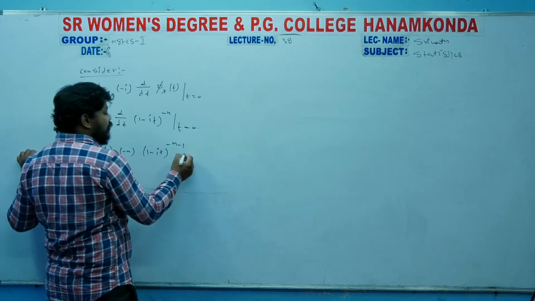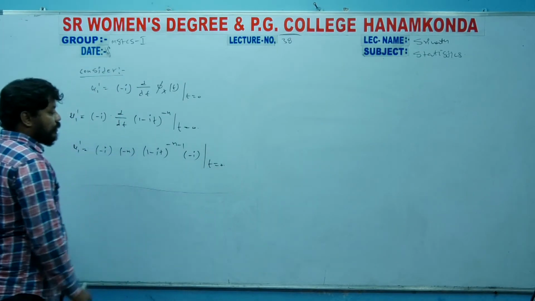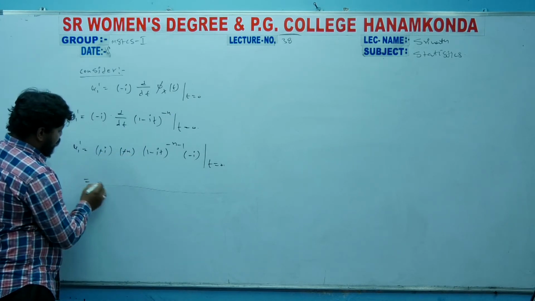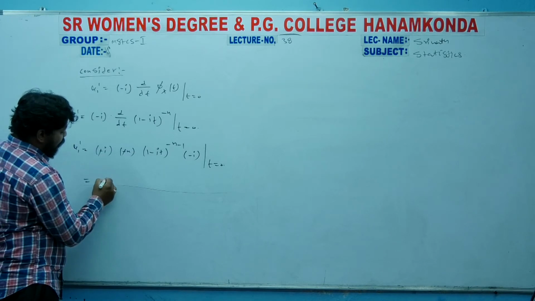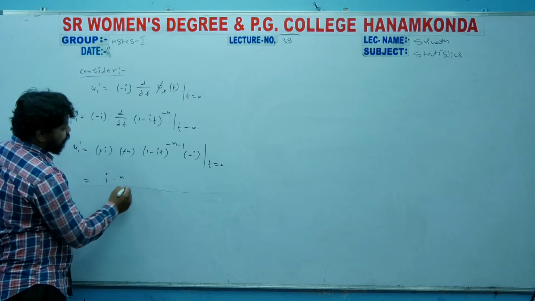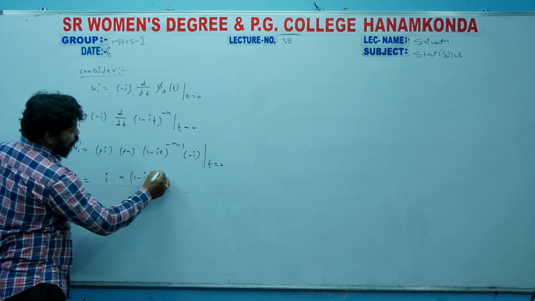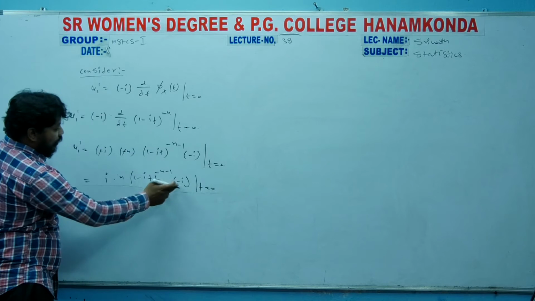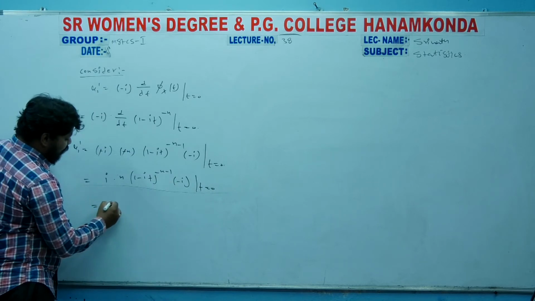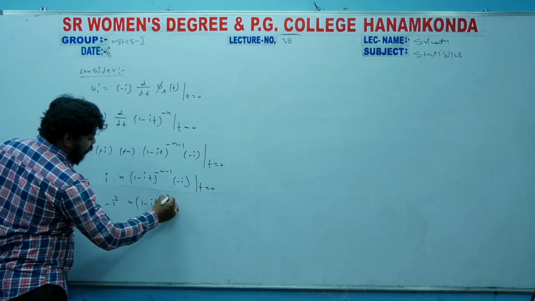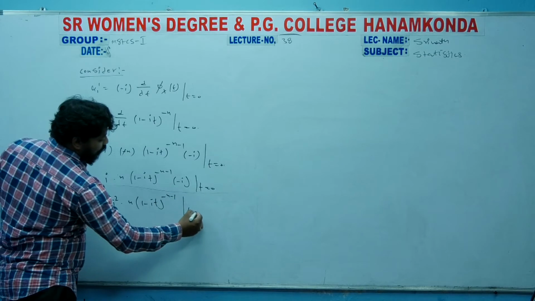and again the derivative of minus it, at t equal to 0, and the minus signs get cancelled. Finally i into n into (1 minus it) whole power minus n minus 1 and minus i at t equal to 0. Here there is minus i, here there is plus i, so minus i square into n into (1 minus it) whole power minus n minus 1 at t equal to 0.